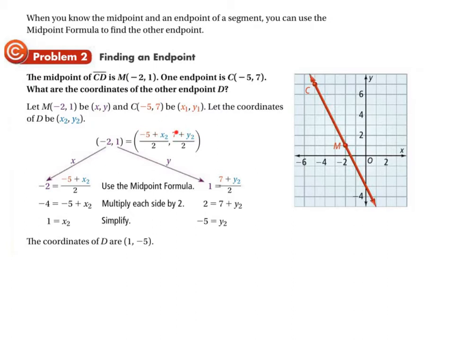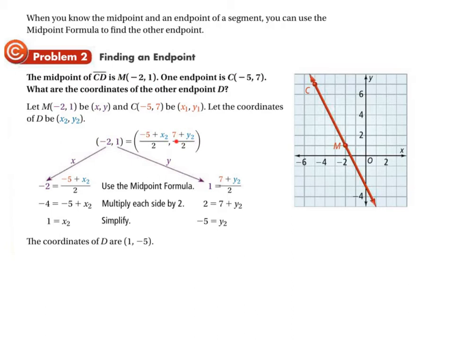We can take y1 and put in 7. y2 we don't know, so we call it y2, over 2. Now, if this is supposed to calculate out to be -2, that's what the midpoint's x coordinate is, then we can say this little expression is equal to the -2 that it needs to be. This equals -2.